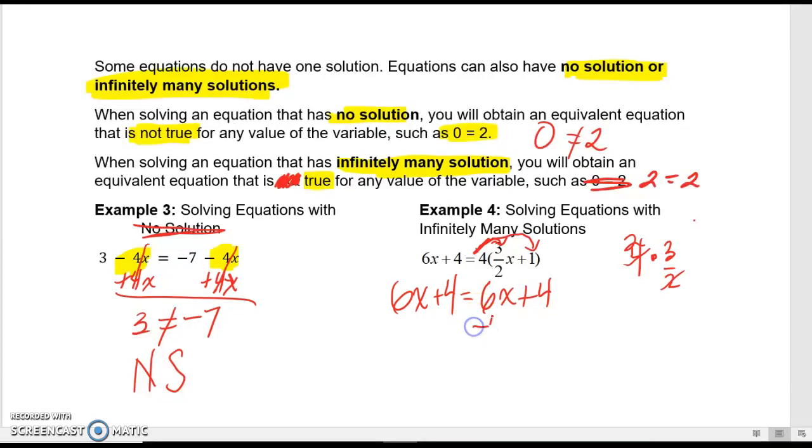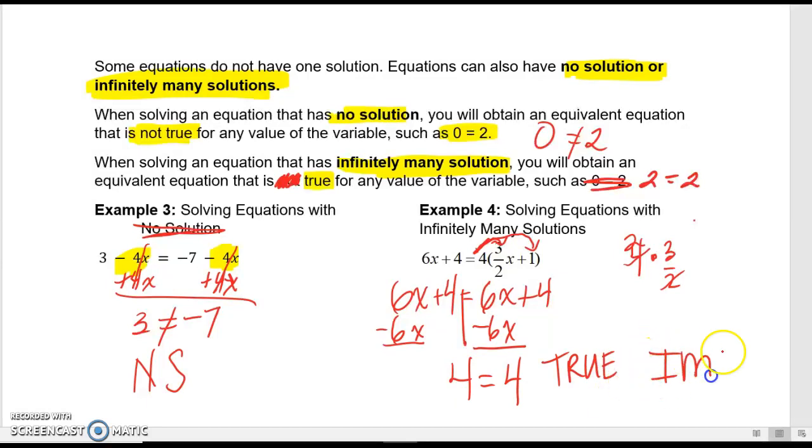At this point, I would subtract 6x from both sides. And what I'm left with is 4 equals 4, which is a true statement, which means it is infinitely many solutions, which, notice, I'm abbreviating as IMS. Okay, again, just to reinforce over here, this one created a false statement, this one creates a true statement.